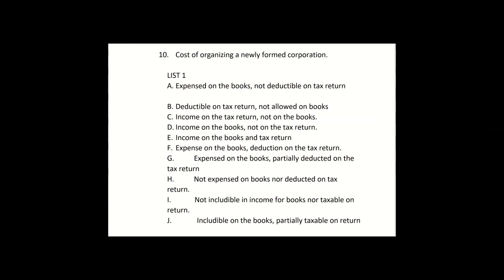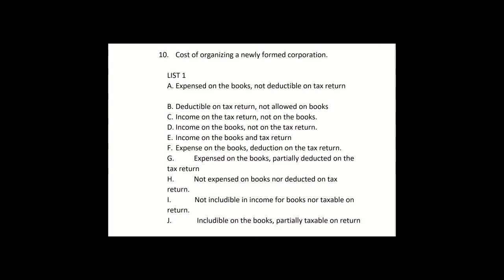Number 10, what about costs of organizing a newly formed corporation? Well, how is that handled on the income statement? It was expensed in full, wasn't it? Yes, it was, because costs of organizing a newly formed corporation are expensed in full on an income statement. There's no capitalizing and amortizing that.